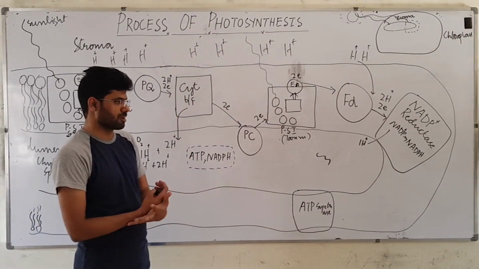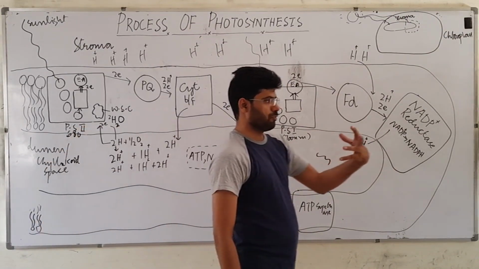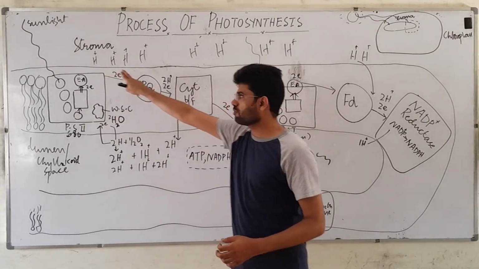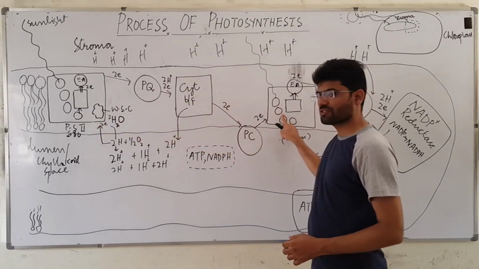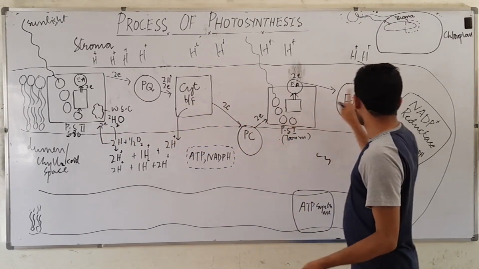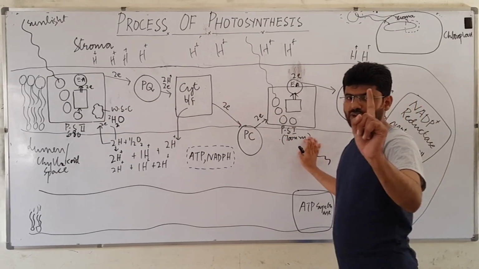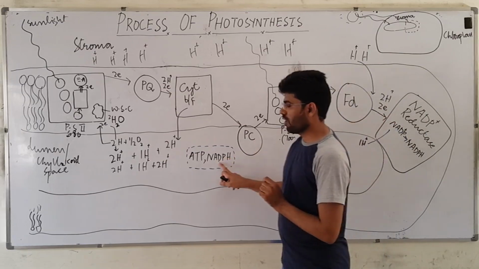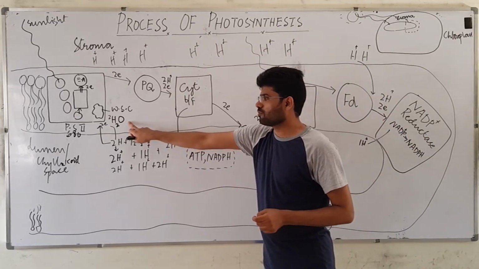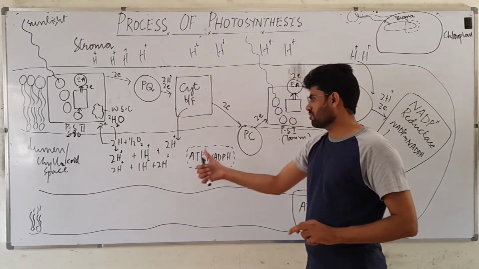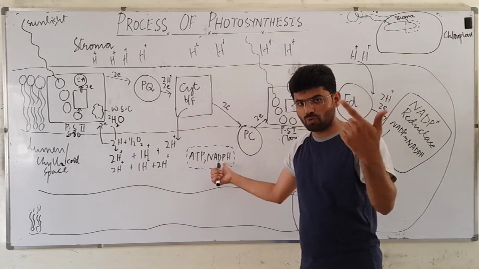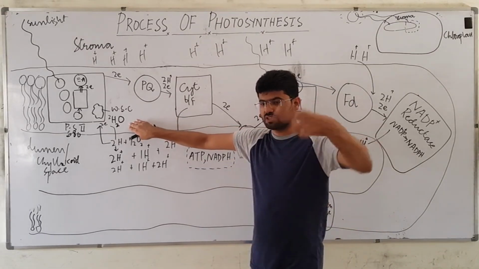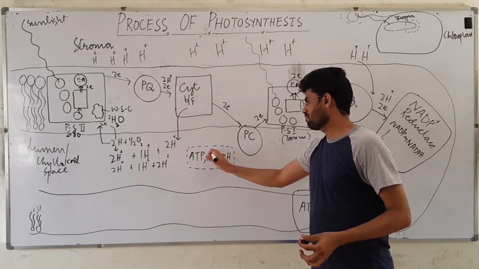Now, if one water molecule were oxidized and the 2 electrons were moving from PS2 to PS1, and from PS1 to NADP reductase, it was making 1 NADPH. I repeat, 1 NADPH is made when one water molecule is oxidized. These 2 electrons will yield the production of 1 NADPH, and if you are oxidizing the 2 water molecules, then this will be called double.